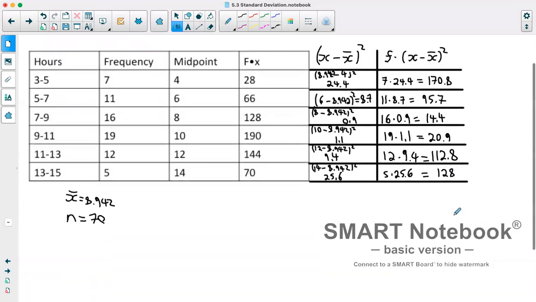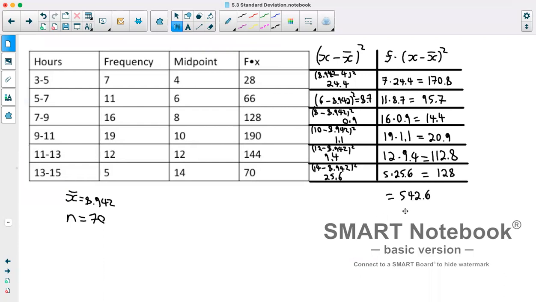Now what we'll do is add up this here. And that gives us 542.6.